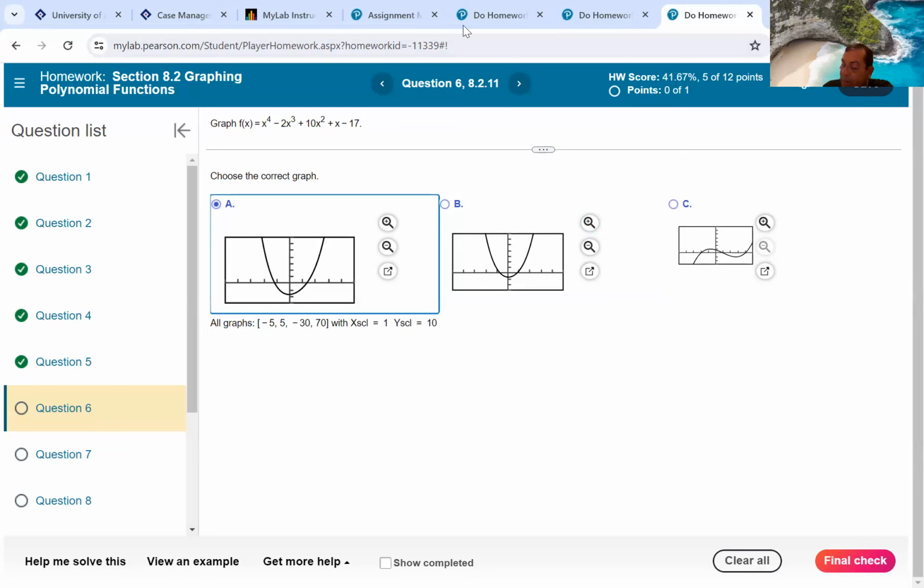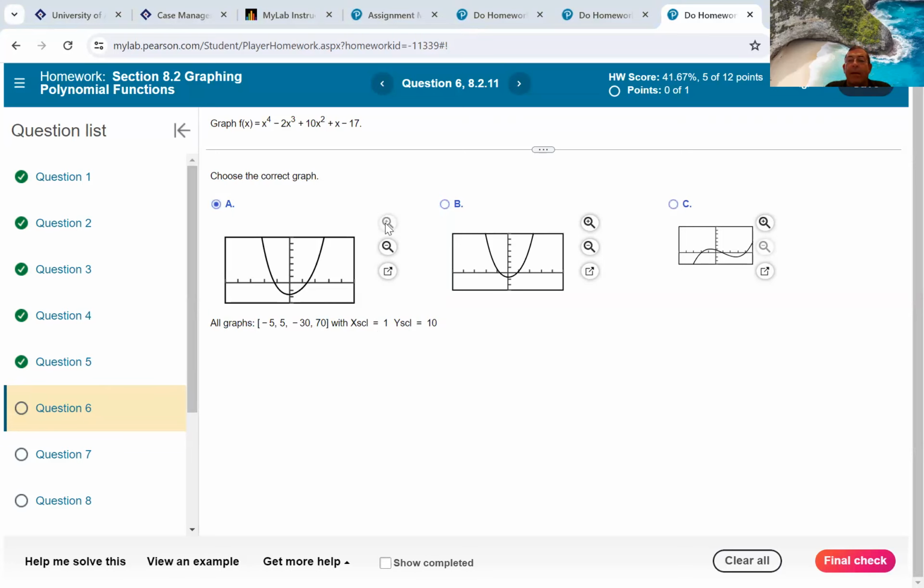And they're going from -5 to 5, -30 to 70. And then they say the x scale is 1, y scale is 10. Now, sometimes they'll give you the graph with the numbers, but they won't write them out like that. Okay. So I'm just writing out these numbers as they had.